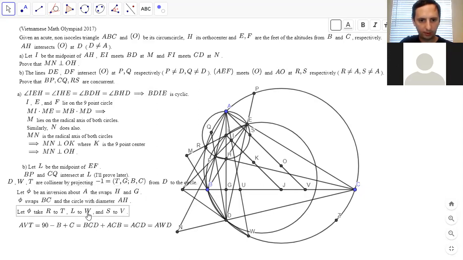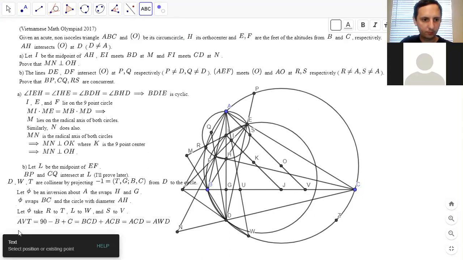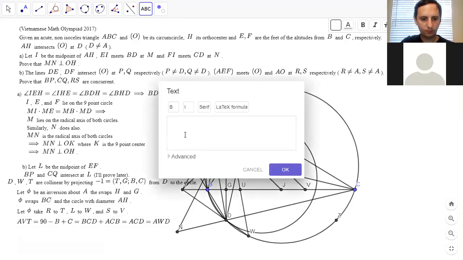So this means that A, B, W, T is cyclic. Let's see. And that means that R, E, and F are collinear, or R, L, and F are collinear.